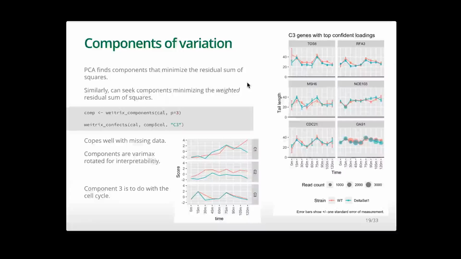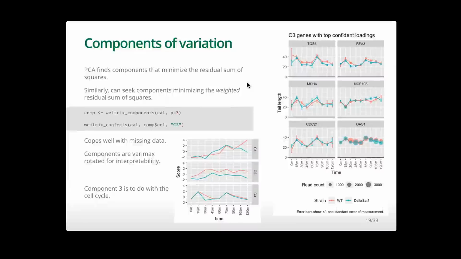And then the contribution of a particular component to, in this case, the tail length in a particular gene for a particular sample, you get that by multiplying the score by the loading.